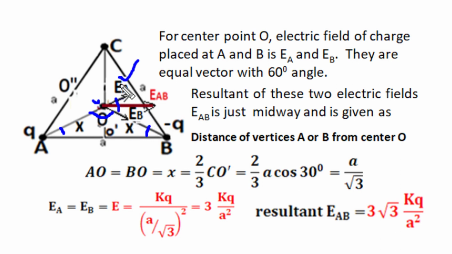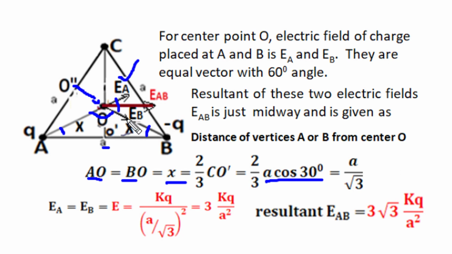To find out magnitude of EA and EB, we have to find out the distance of center point O from vertices A or from vertices B. AO and BO are equal in magnitude, and let this distance be x. Now this x distance BO is 2/3 of BO dash, which is a perpendicular bisector on AC side, and if this AB dimension is A and this angle is 30, then BO dash is A cos 30.